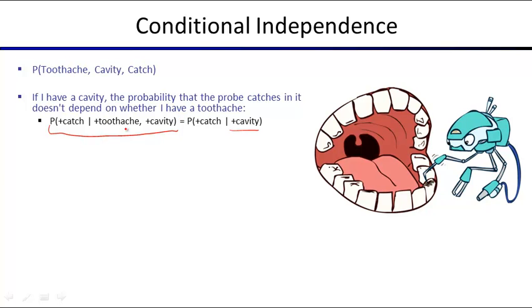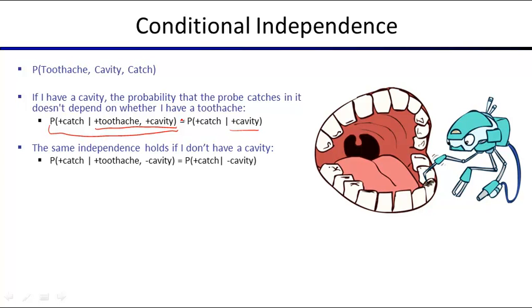So here we just have cavity, here we have toothache and cavity. Why could that be the case in our model? Well, the probe really latches on to the cavity. And it's the cavity that might cause both toothache and being caught. But whether you have a toothache or not doesn't really influence whether the probe gets caught once you know there is a cavity.